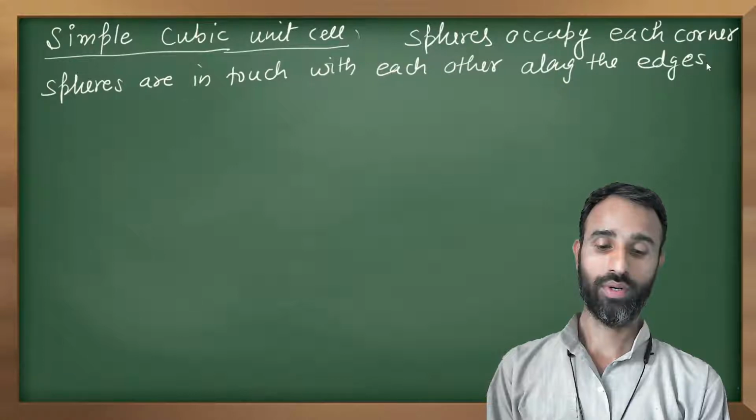This is what we need. So first, spheres occupy each corner. From that, we calculate Z.